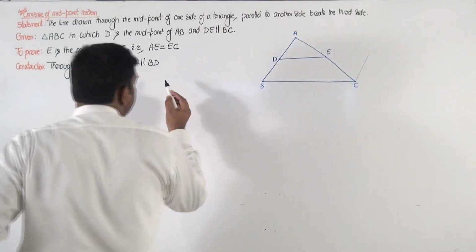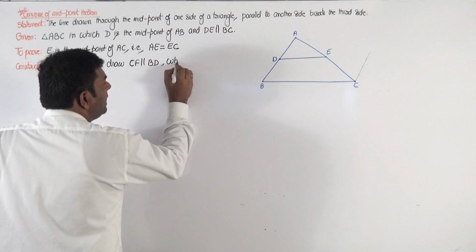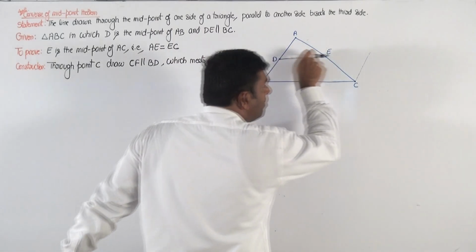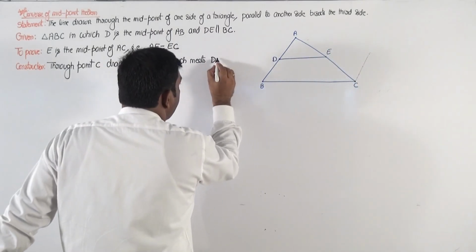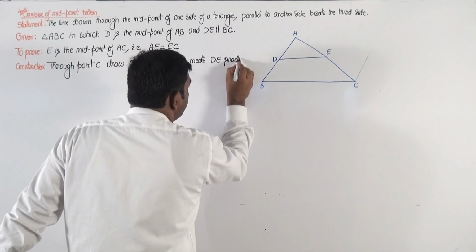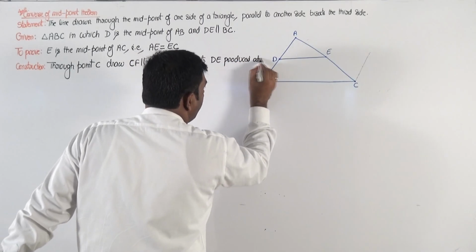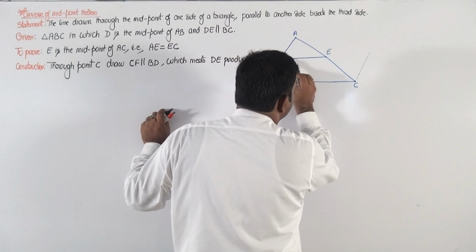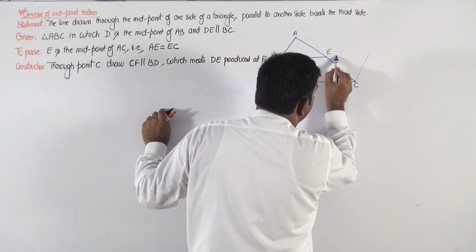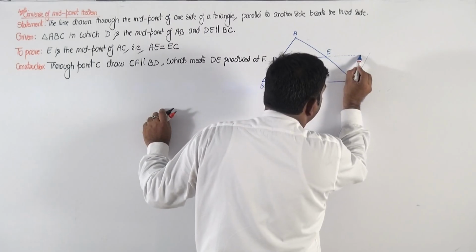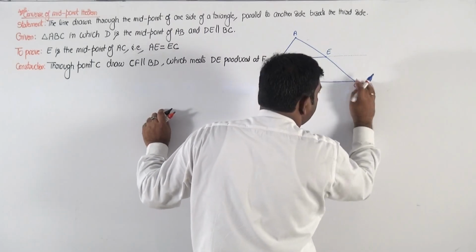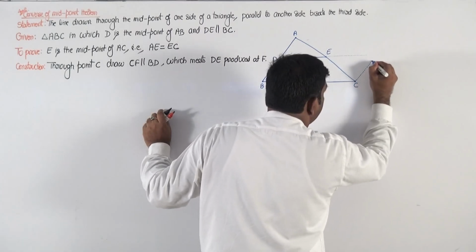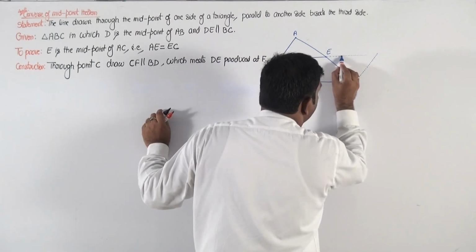Which intersects DE produced at F. इसका मतलब है इसे भी हमने प्रोड्यूस किया है, इस लाइन को भी ऐसा प्रोड्यूस किया है. और यहां से हमने एक पैरेलल लाइन ड्रॉ किया लाइक दिस.